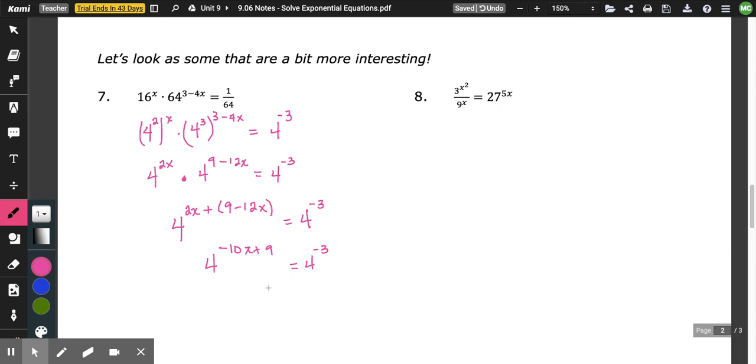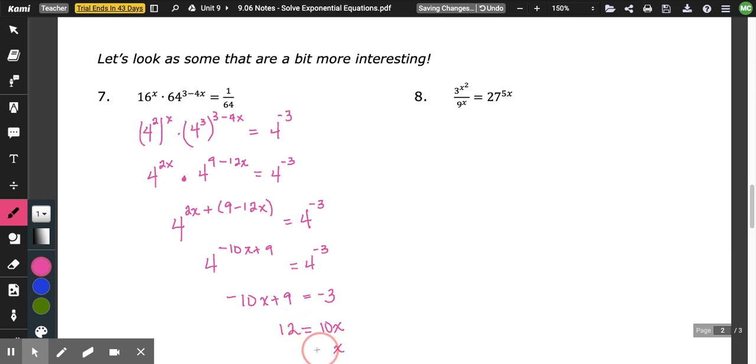And then at that point, I'm down to where I've got the same bases, so I can set the powers equal to each other. I know it's just a matter of solving this Algebra 1 type problem there. So I'm going to add 10x to both sides because I like for it to be positive, and I'm going to add 3 to both sides.